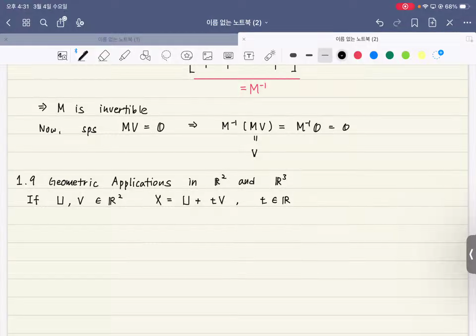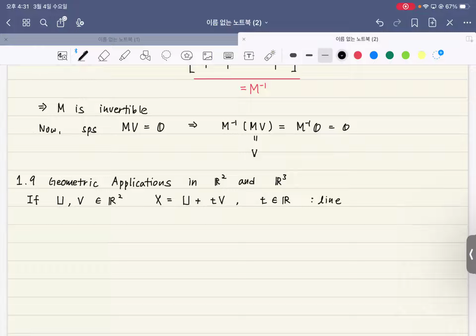So in other words, this expression represents a line passing through, may or may not through the origin, but what I'm sure is that this line must pass through the point U, and is parallel to the vector V. Okay, so this is a line.